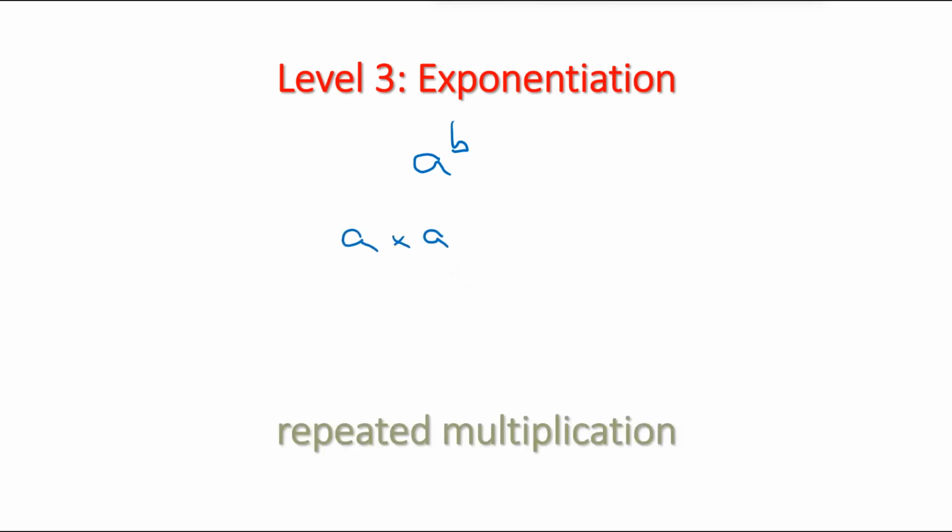A times A times A times A, etc. And this is, of course, just repeated multiplication. How many times do we repeat it? Well, we repeat it B times. Just like in the previous examples, we do it B number of times. So that's all exponentiation is, repeated multiplication.